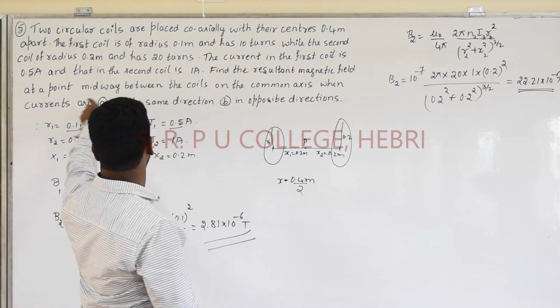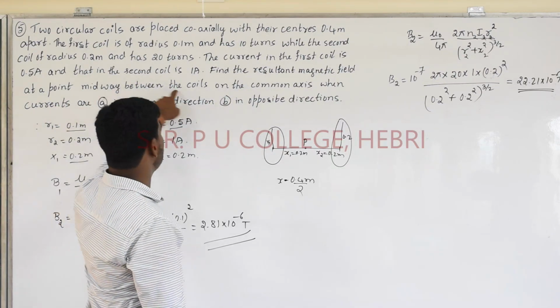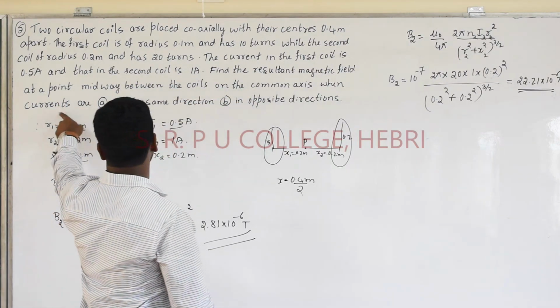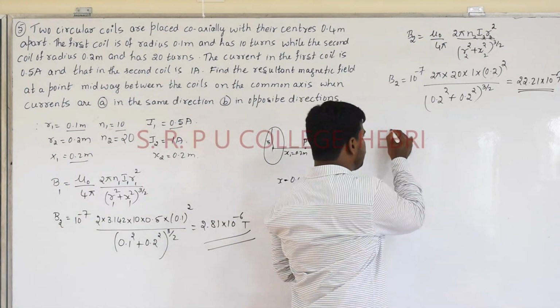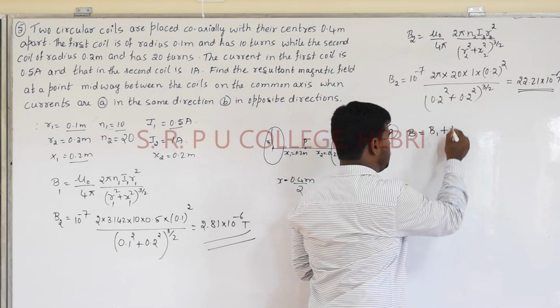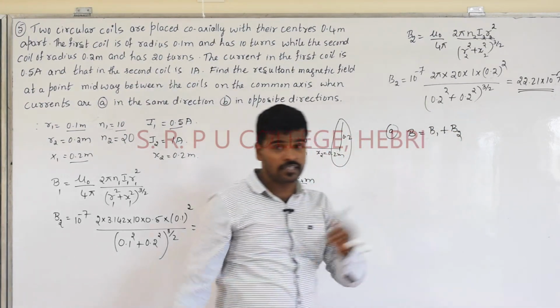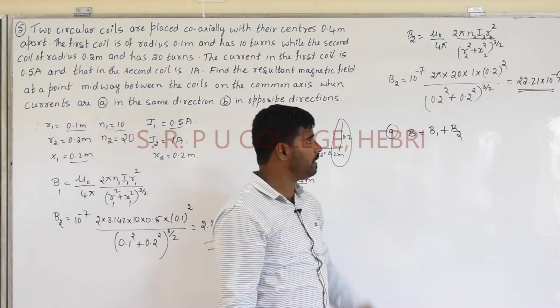What is the condition they have given? Find the resultant magnetic field at a point midway between the coils on the common axis when the currents are in the same direction. When the currents are in the same direction, the magnetic fields will be added up. Therefore the total magnetic field B is equal to B1 plus B2.